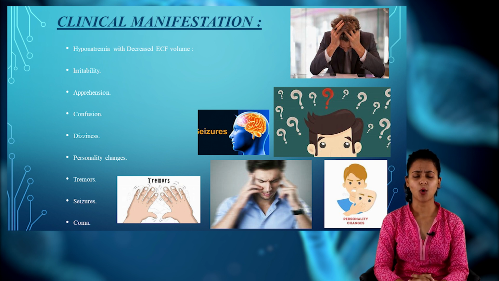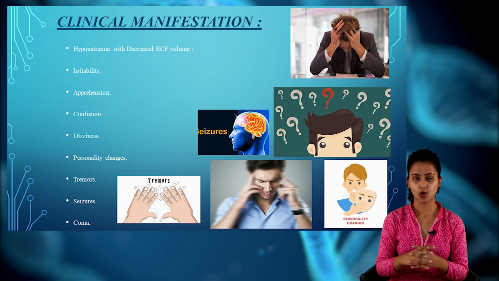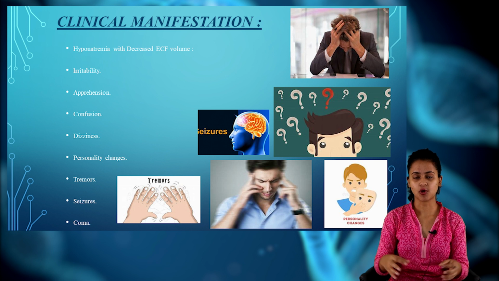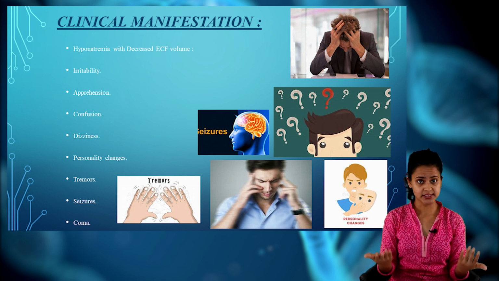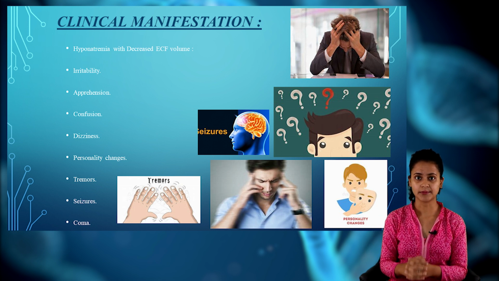Confusion and dizziness also are very common features of hyponatremia. Personality changes are often seen among clients with this condition. The client may even show features of tremors and seizures. Client can go into a comatose state, often in case of hyponatremia.